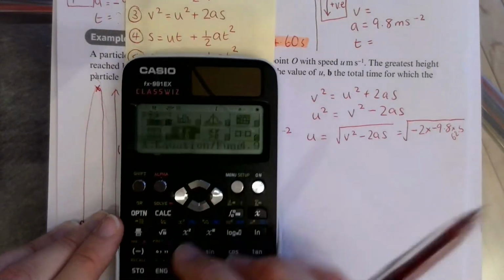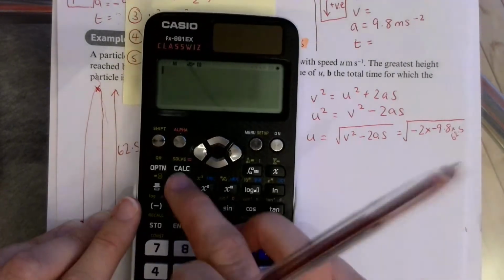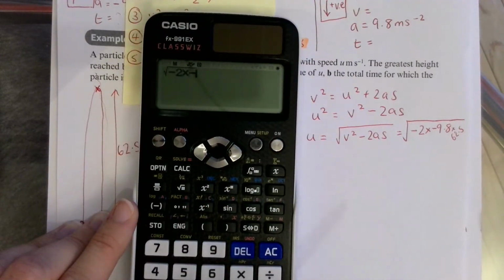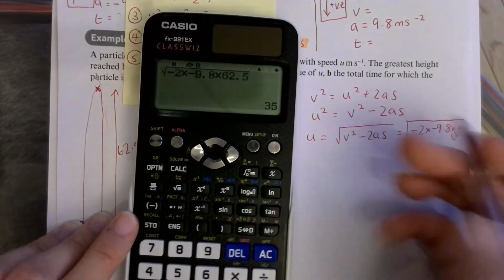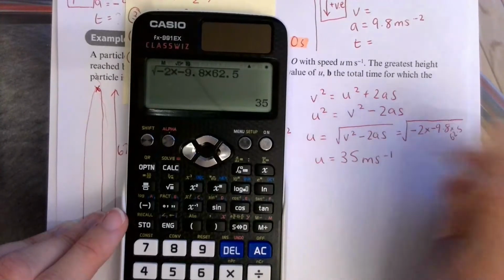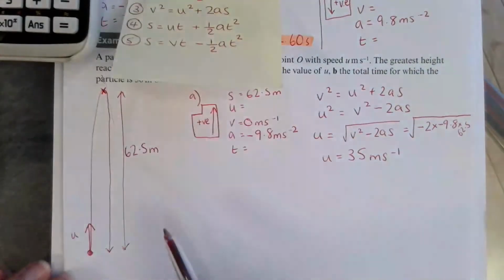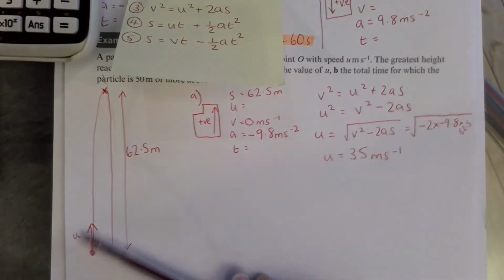The square root of negative 2 multiplied by negative 9.8 multiplied by 62.5 gives u equal to 35 meters per second. So the particle was projected upwards with a velocity of 35 meters per second.